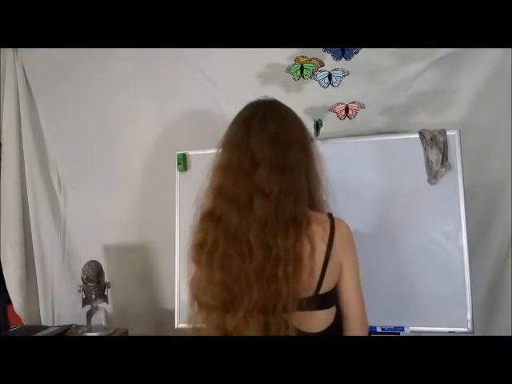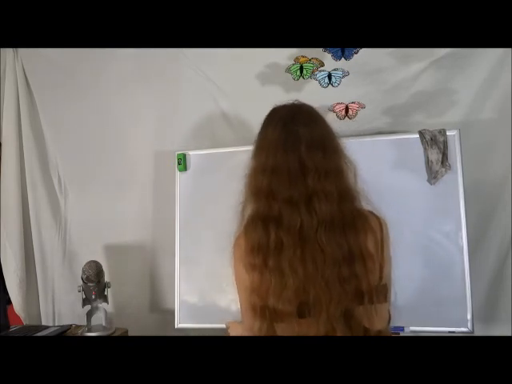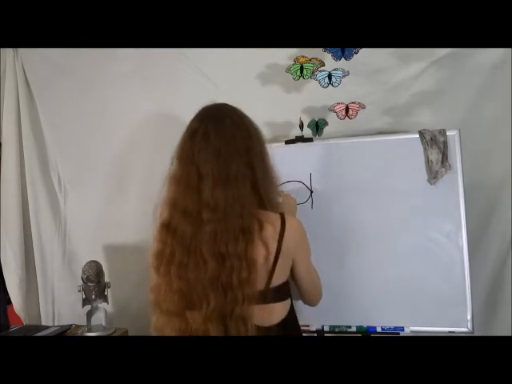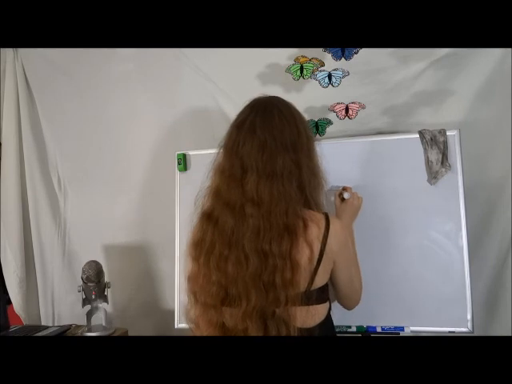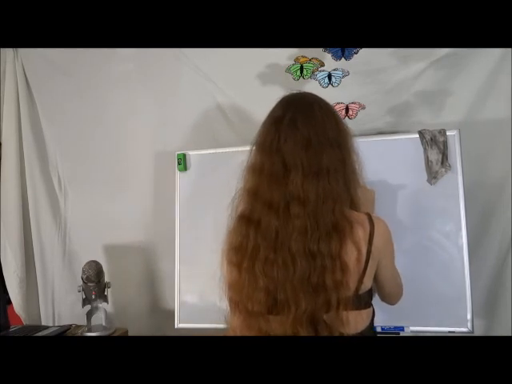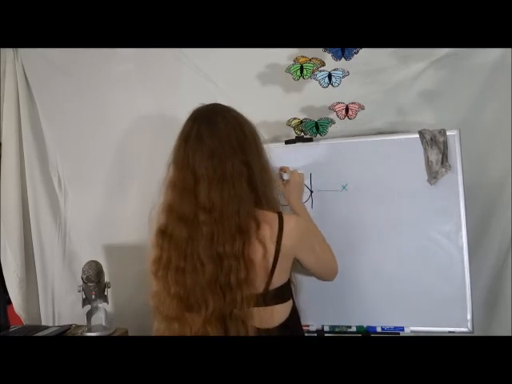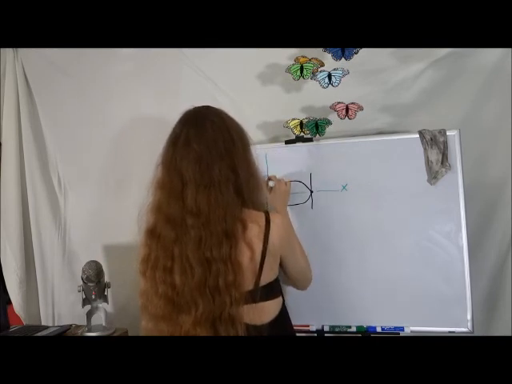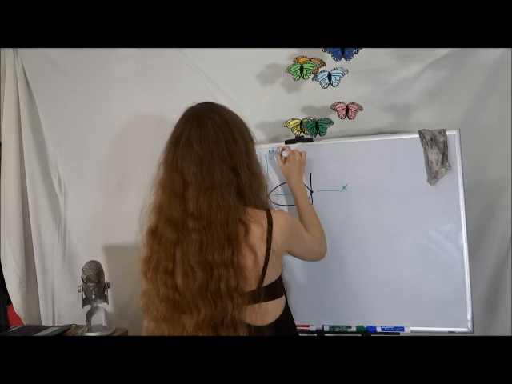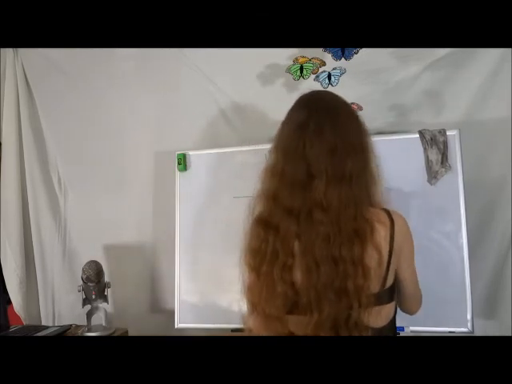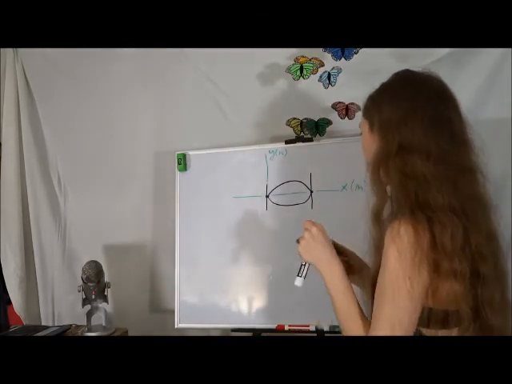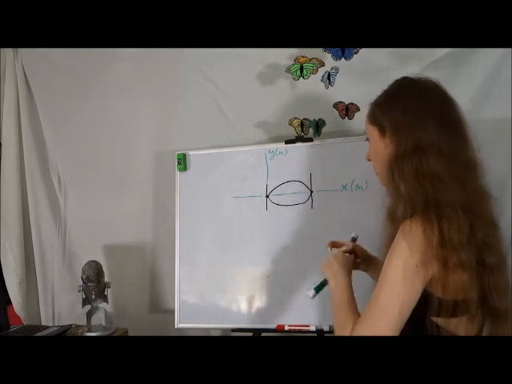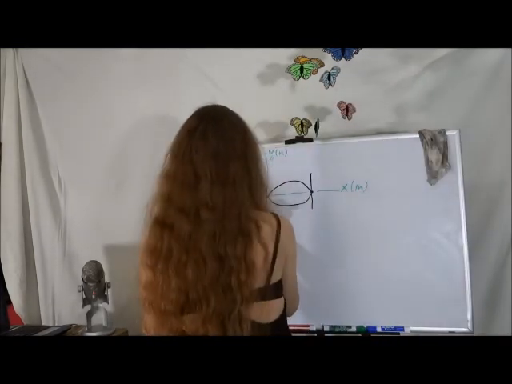So I'll draw the axis in green. So the nodes are the places where our height is 0, so y equals 0.